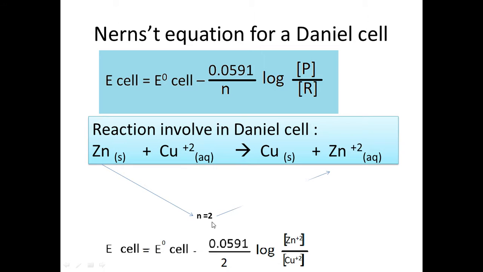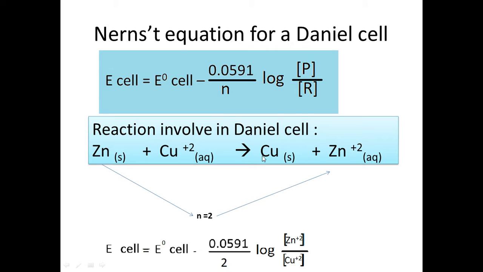Okay. So in the Nernst equation, I replace this N by 2, log product concentration. Now the confusion is that there are two products, one is Zn2+ and another is Cu solid. But from the concept of equilibria, we already know that we include only the aqueous product, not the solid product. Why?